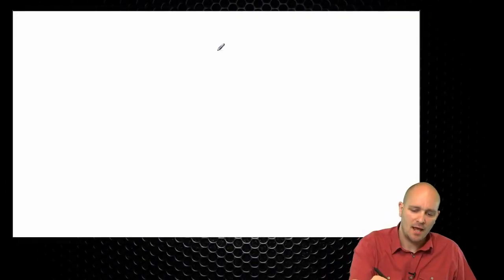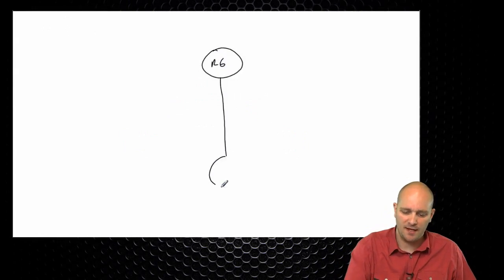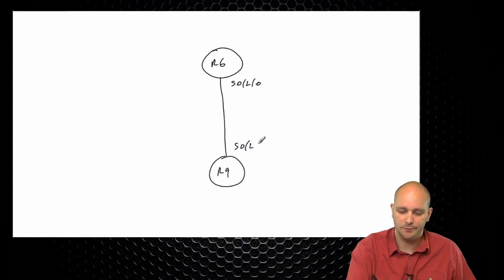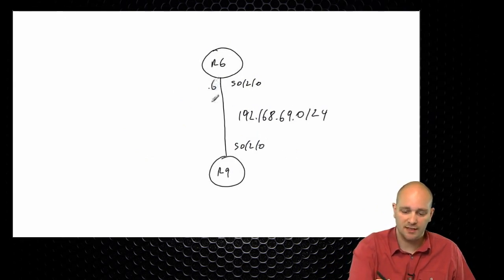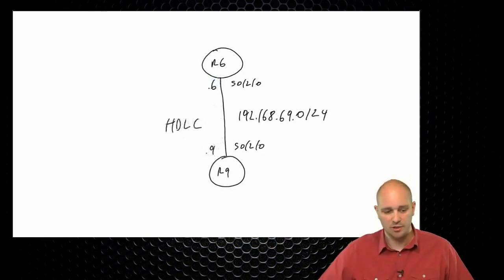Totally different example. I'm going to have two routers. This is going to be R6, and this is going to be R9. This is serial 0/2/0, and this is serial 0/2/0. The network between them is 192.168.69.0/24. This is .6, this is .9, and we are running default HDLC encapsulation between them.